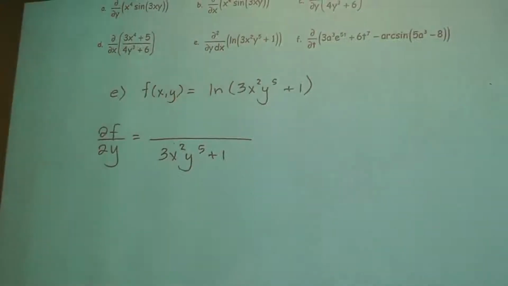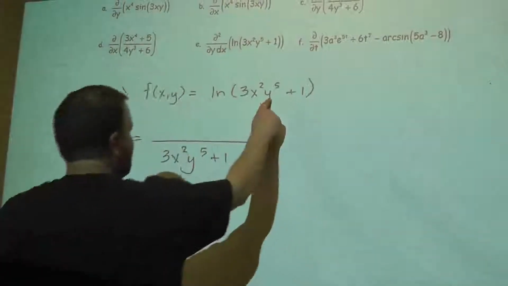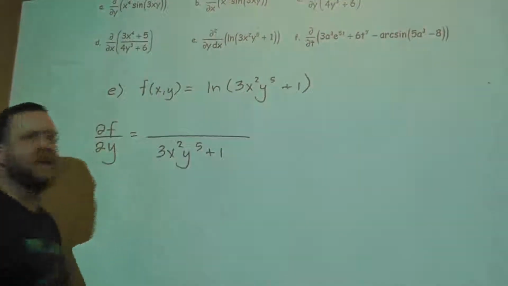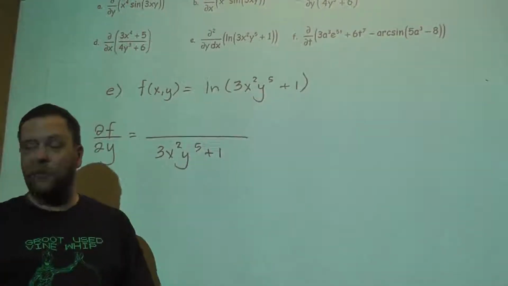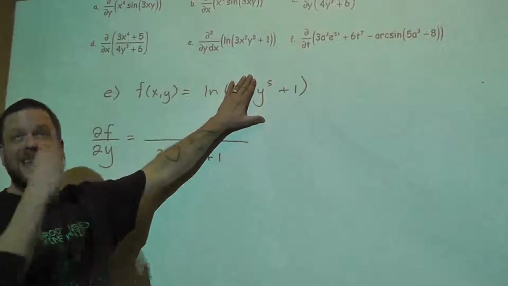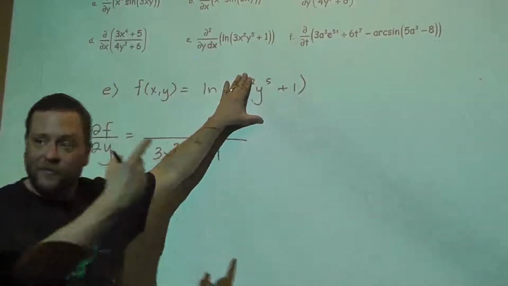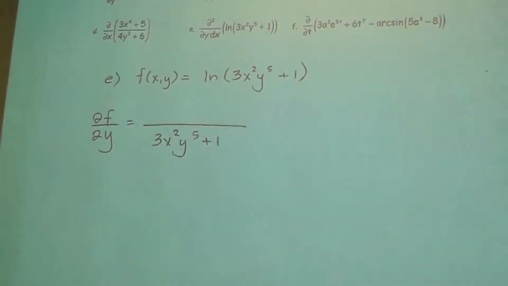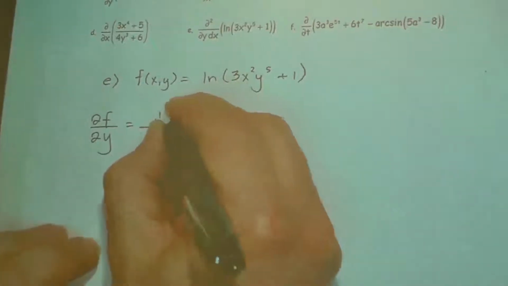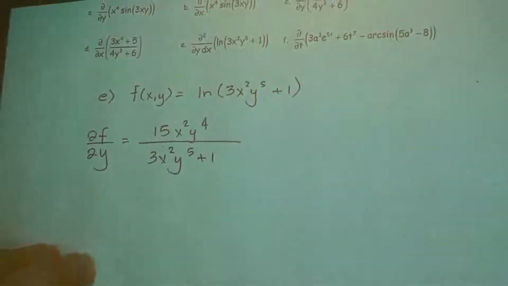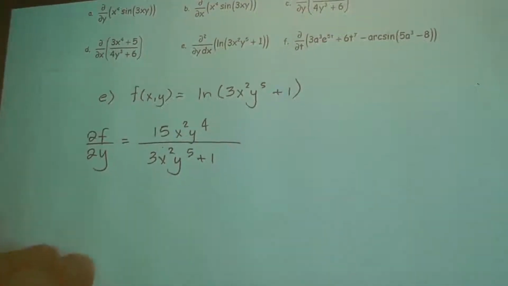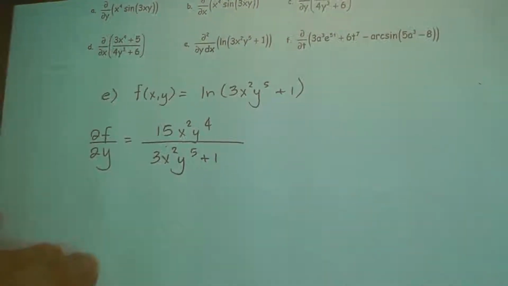So if I'm treating x as a constant, there's a function of y right here. 3x squared is going to be like a coefficient. And then I want to do the derivative for y to the fifth with power rule. So 3x squared's there times 5y to the fourth. So that should properly become 15x squared y to the fourth, and your plus 1 vanishes. Okay? So there's my first partial of this function with respect to y.